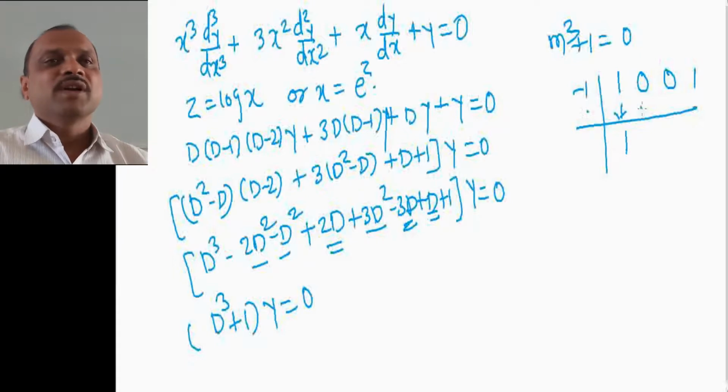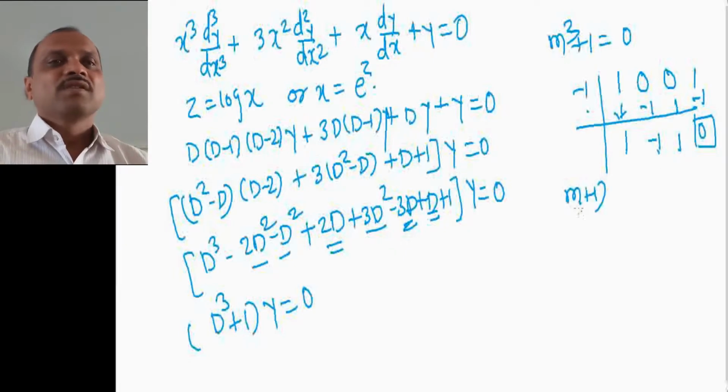This 1 stays as it is. 1 into minus 1 we get minus 1. 0 minus 1 gives minus 1. Then minus 1 into minus 1 gives plus 1, 0 plus 1 gives 1. 1 into minus 1, again we have minus 1, and 1 minus 1 is 0. Therefore, we have (m plus 1) into (m square minus m plus 1) equal to 0.